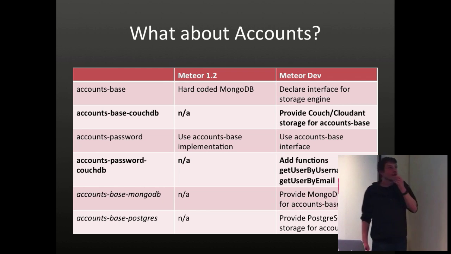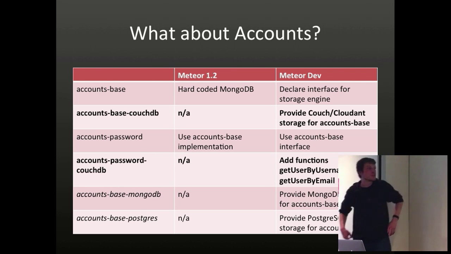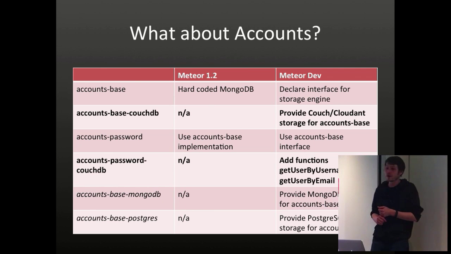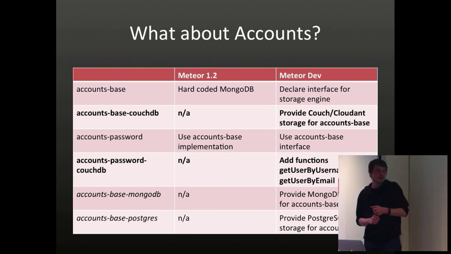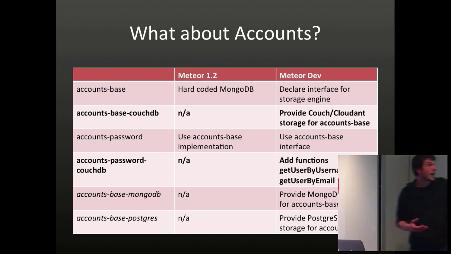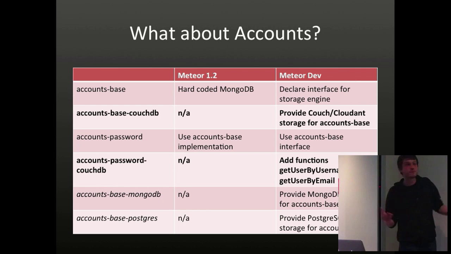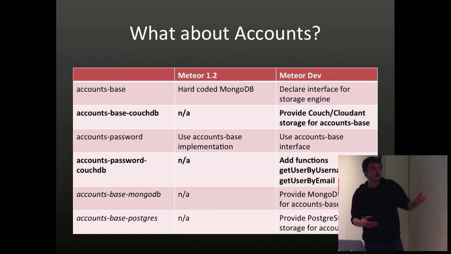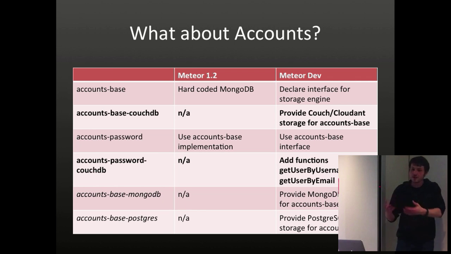Okay, what about accounts? There's a fair bit of account packages out there which offer you all kinds of authentication, and usually you would like to use that. Now, there is a little bit of development going on in the Meteor HQ as well. They're currently trying to make the accounts base module a little bit more generic. Right now they have this hard-coded MongoDB client implementation, and now they're declaring an interface, and then you need an additional package which defines the implementation for the client.